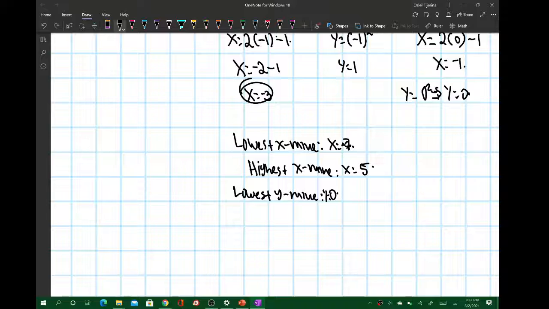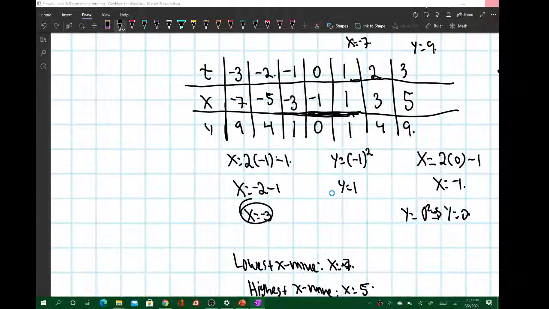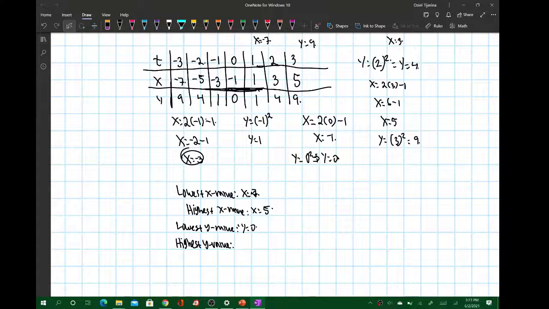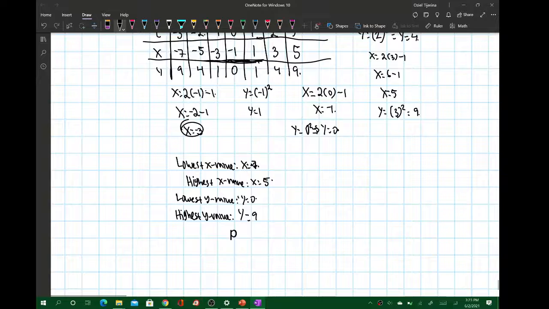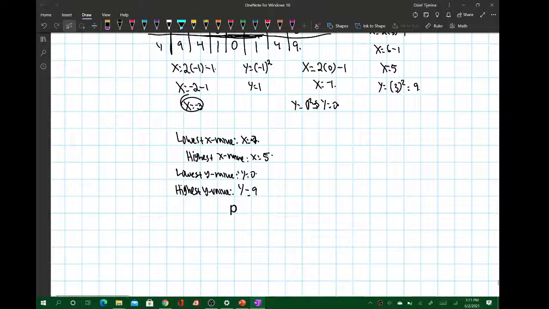And my highest y value is going to be y equals 9. I know I have two values of 9, so you just choose the highest one. It's really just 9. It doesn't matter if you have two y values that are the highest number, right?